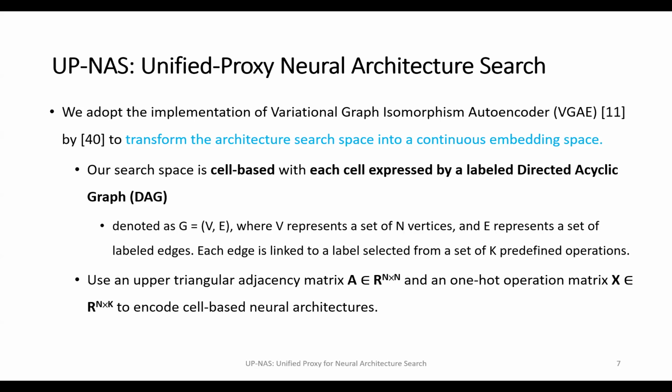It represents a cell as a DAG and denotes the architecture with a topology graph of vertices and edges. It uses the upper triangular adjacency matrix A and a one-hot operator matrix X to encode the cell-based neural architecture.